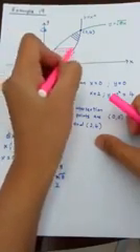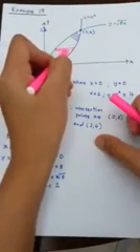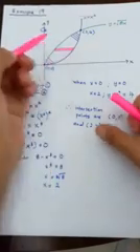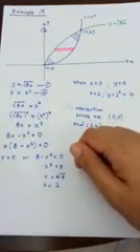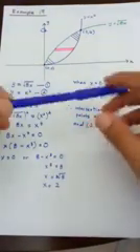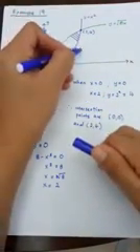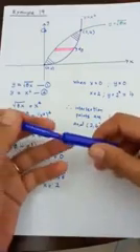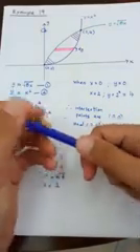Okay, so this is our horizontal strip. As you can see, for a horizontal strip, the thickness will always be dy. But how about the length or the height of the strip?